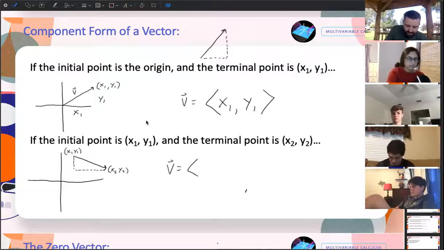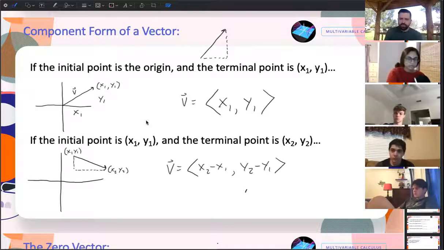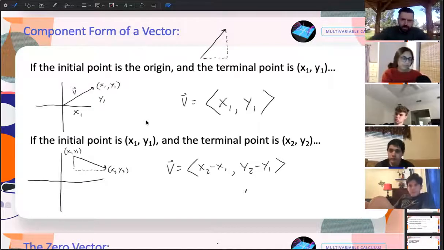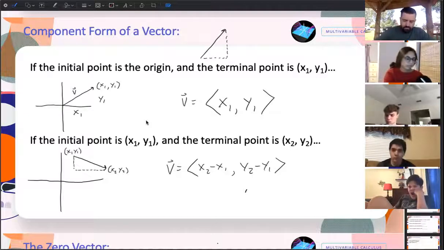If we subtract the x's, we'll get the distance we moved in the x direction. If we subtract the y's, we'll get the distance we moved in the y direction. And we just subtract terminal minus initial, because remember, direction is going to matter. If you do initial minus terminal, it'll be going the other direction. So you do x2 minus x1 and y2 minus y1. That'll give you your components no matter what, no matter where it is.